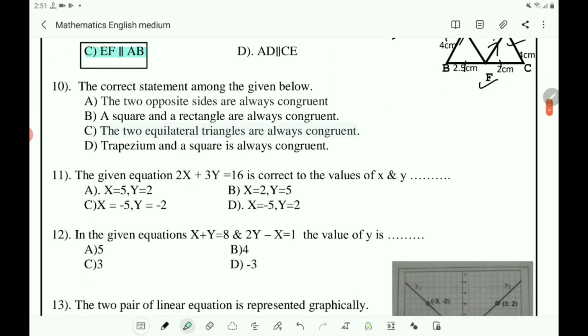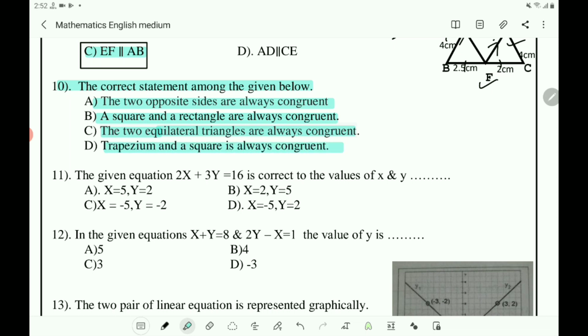Then you take the 10th question. The correct statement among the given below. The two opposite sides are always congruent. Square and rectangle are always congruent. The two equilateral triangles are always congruent. Trapezium and square are always congruent.